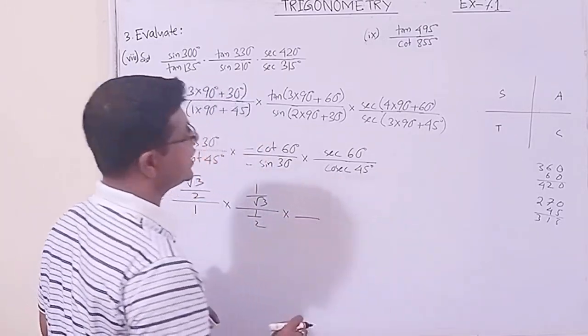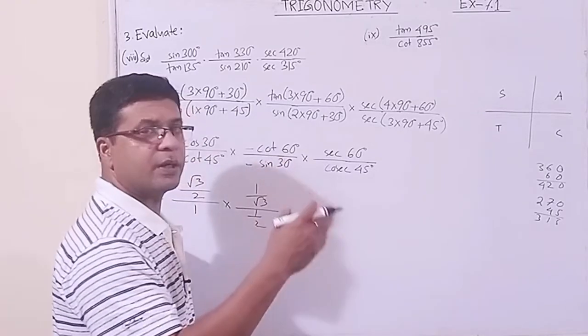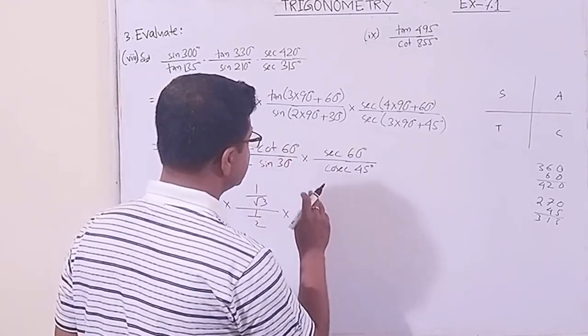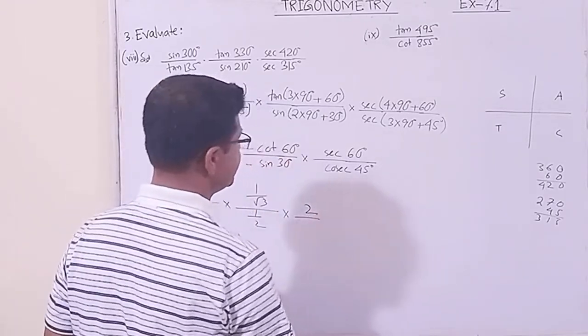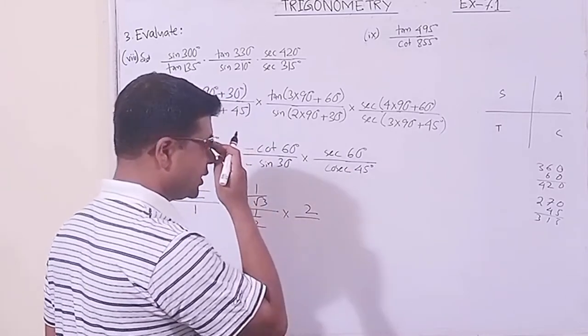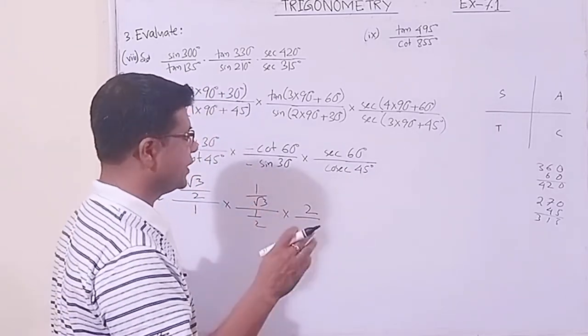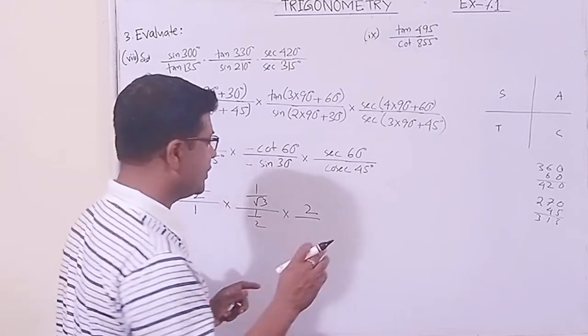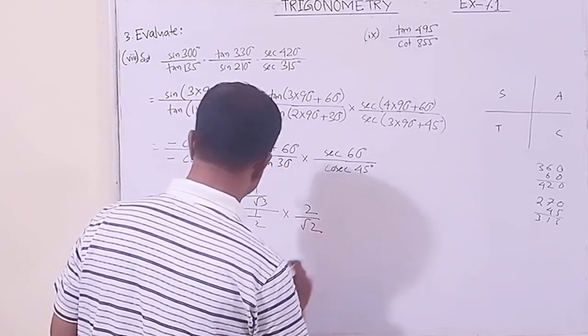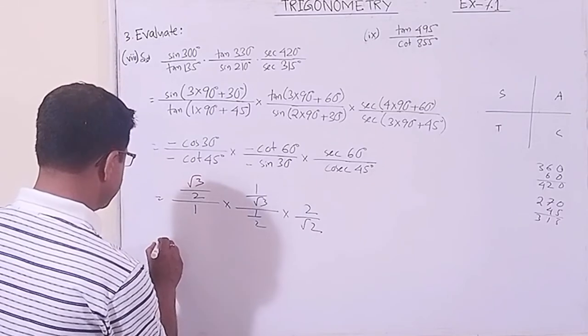Sec 60. Sec is a reciprocal of cos. Cos 60 is half, so it is 2. Cosec 45 is the reciprocal of sin 45. Sin 45 is 1 by root 2, so it is root 2. Let us simplify it further.